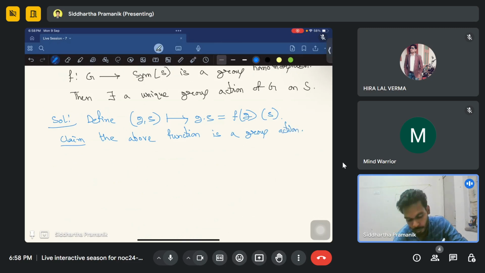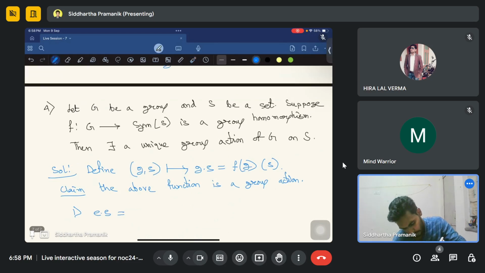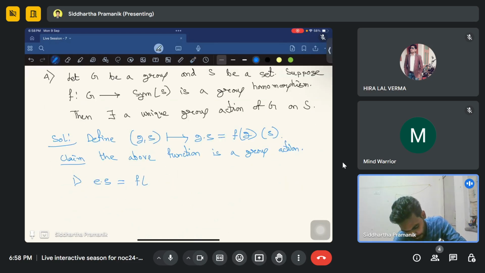So let's quickly check two properties. This is very easy actually. What is e dot s? e is the identity element of G. So it is basically f of e evaluated at s.